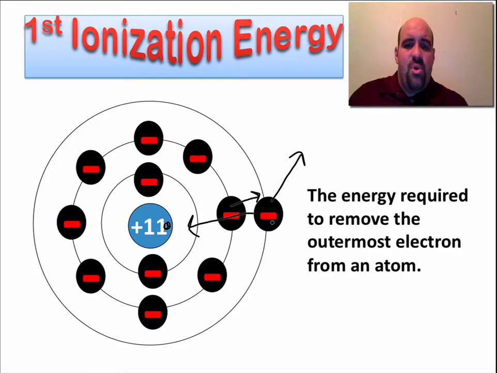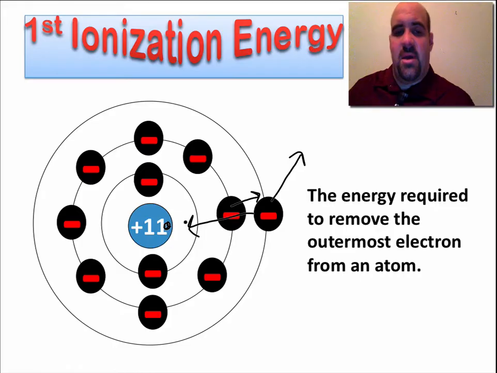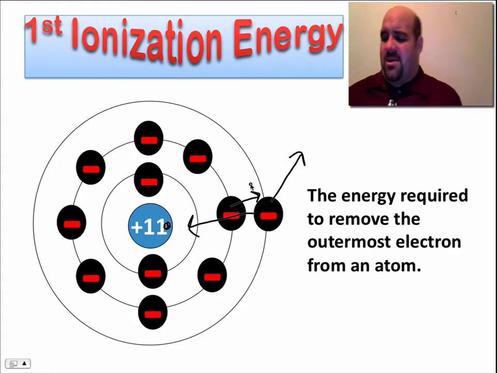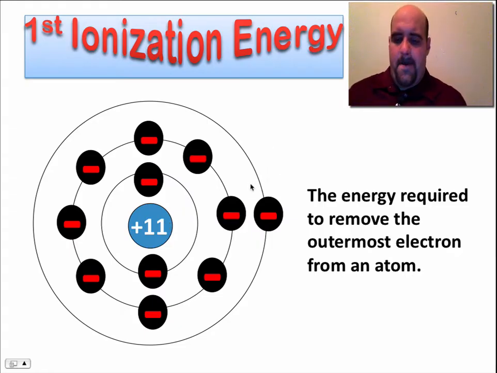It would take some force or some energy to pull this electron out of this atom because the nucleus is holding it. Even though there is a lot of shielding, the nucleus is still kind of attracting and keeping it there. So it would require a little bit of energy to basically rip this electron off and form an ion. So that is what ionization energy is, and we're going to look at some trends now with that.